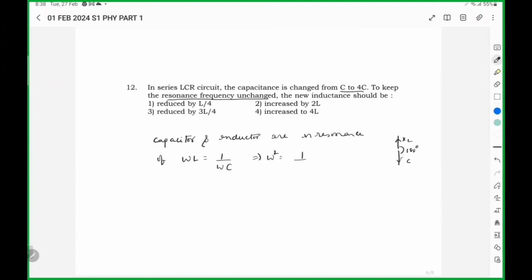Omega square here is, so once capacitance is changed, to keep resonance frequency unchanged, where omega is angular frequency, the new inductance, once capacitor is changed to 4C, must be changed so that omega dash will be equal to omega.